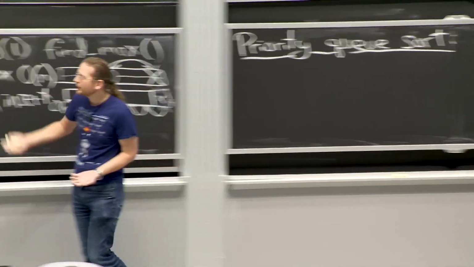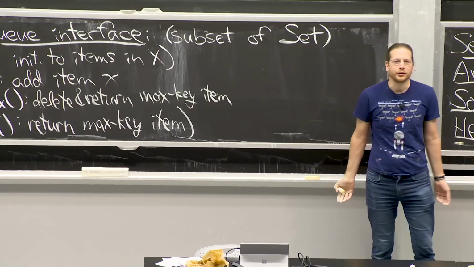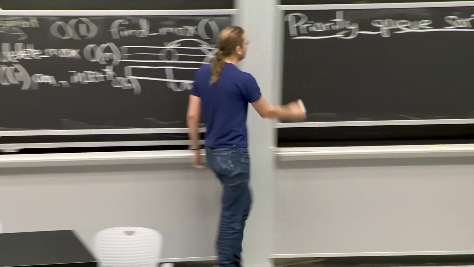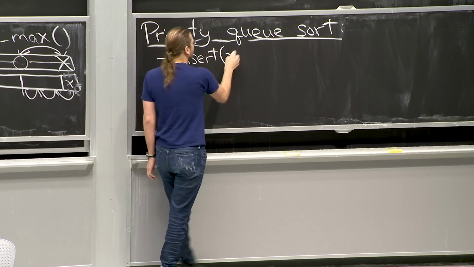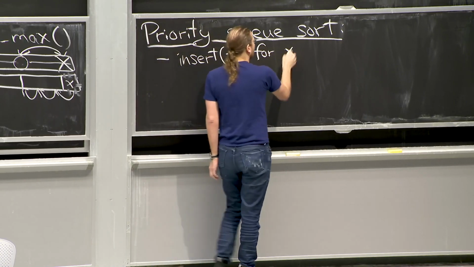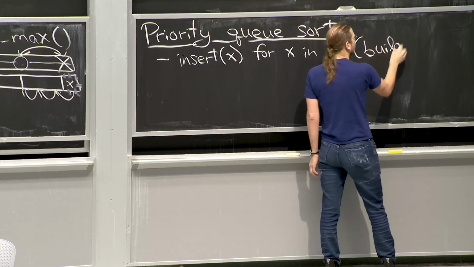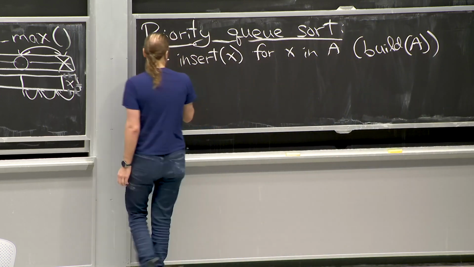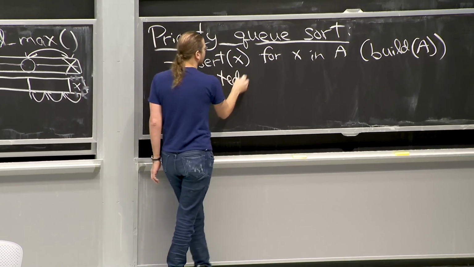But because when I delete them, they come out largest first, I get them in reverse sorted order. Then I could reverse in linear time, and I've sorted my items. So we can insert x for x in A, or build A, and then repeatedly delete max.